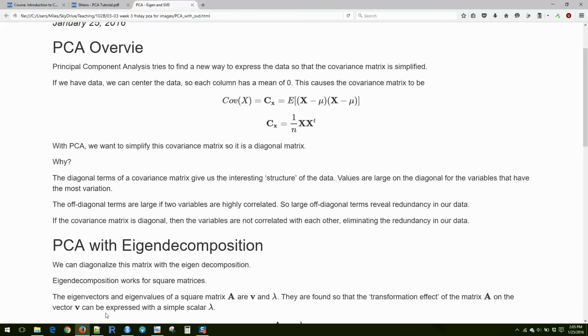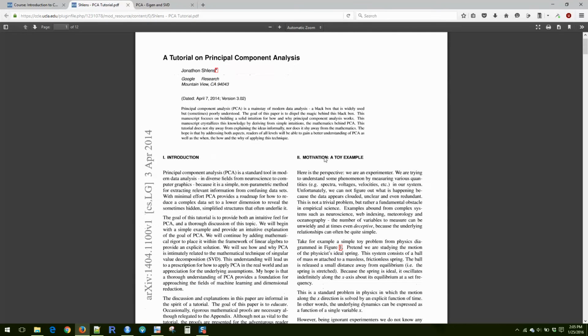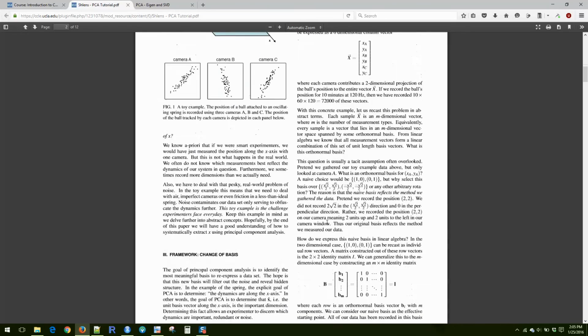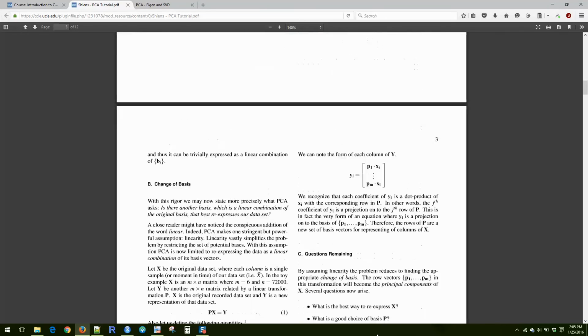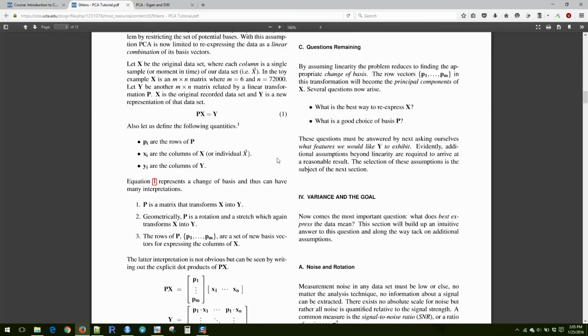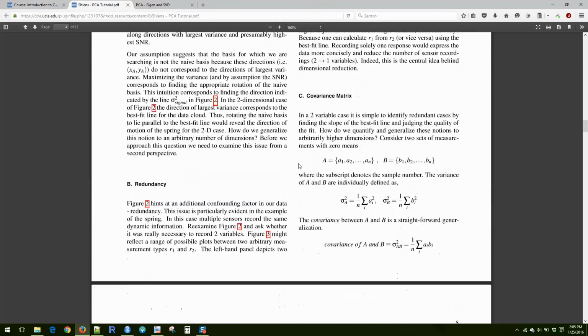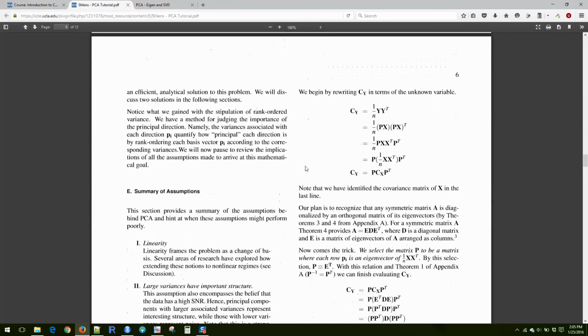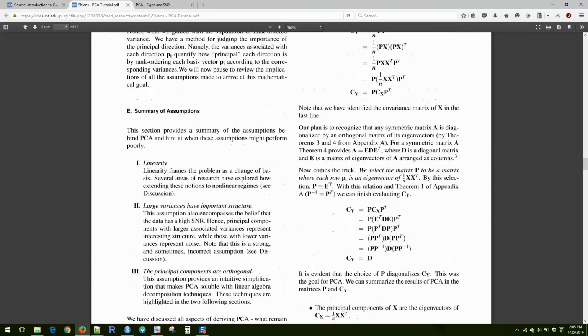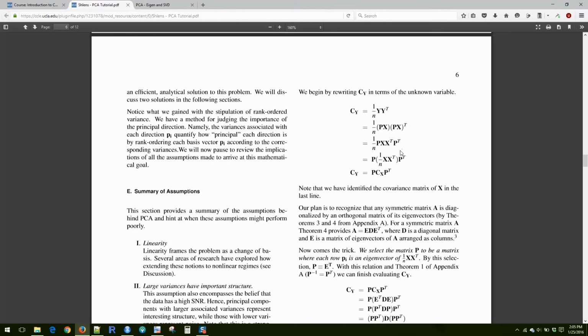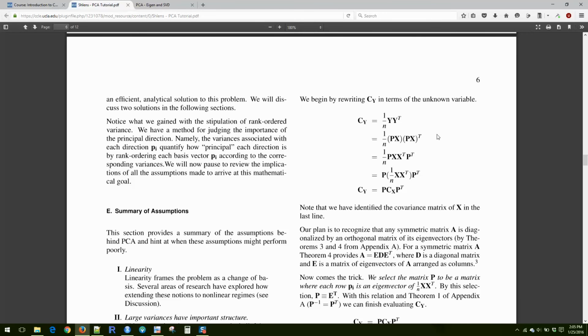And this tutorial goes into the details of the matrix algebra that tells you how we end up going from one form to the other. If you're like me, you see a bunch of letters in it, it's a little bit off-putting, but I think you can follow this with a pen or a pencil and follow the transformation.